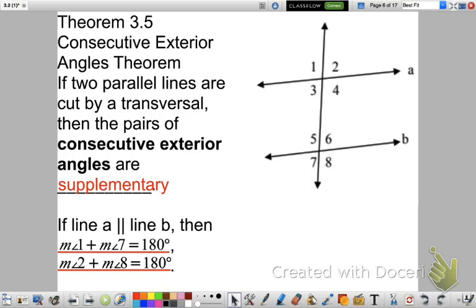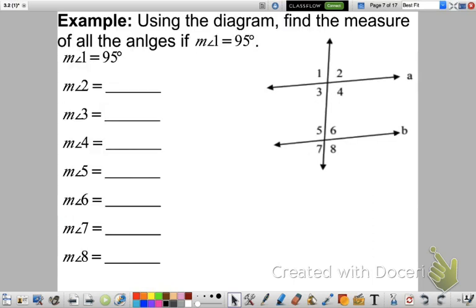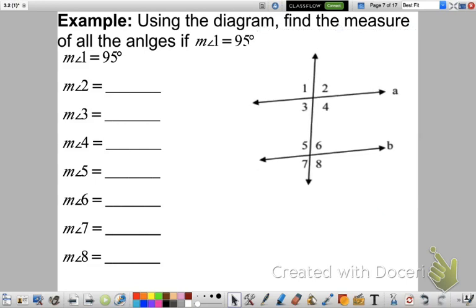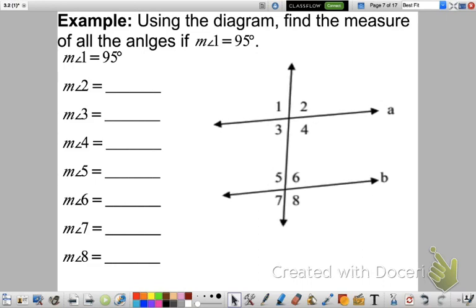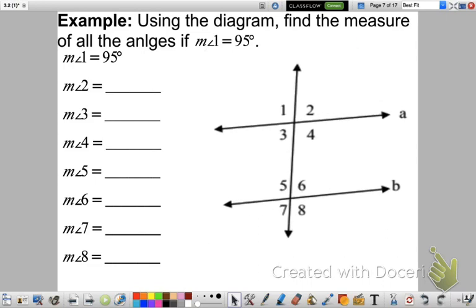So let's look at an example. If we have this graphic, we're going to use these theorems and figure out what is the measure of angle 2, 3, 4, 5, 6, 7, and 8, simply from our theorems and the little bit of information we are given.